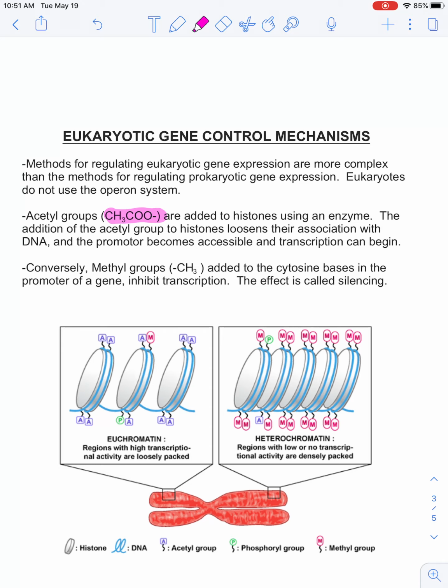And we see that in identical twins, because when identical twins are born, they look identical. But as they age, they look less and less alike. So what you're seeing is the environment affecting the expression of their genes, because their genes are identical. So the reason they look different is environmental.